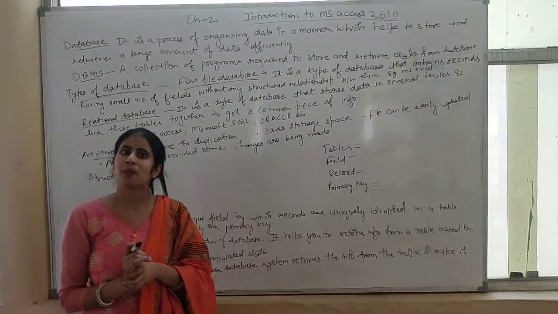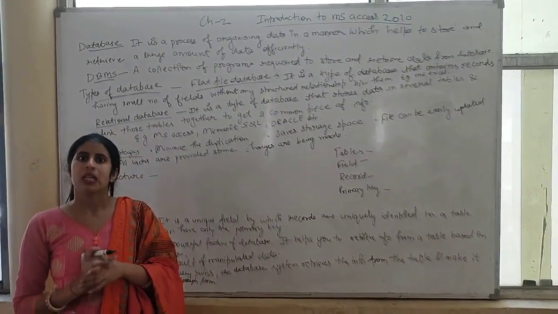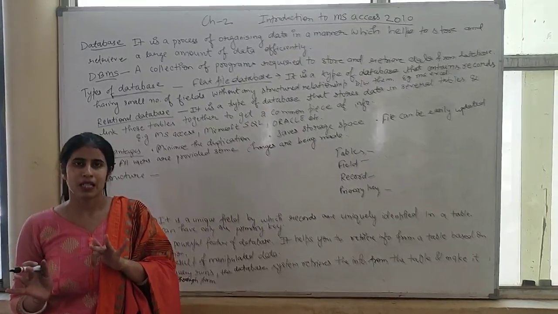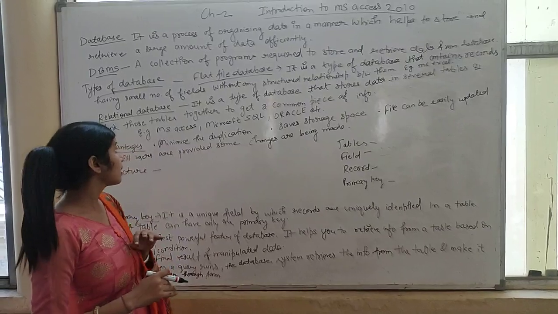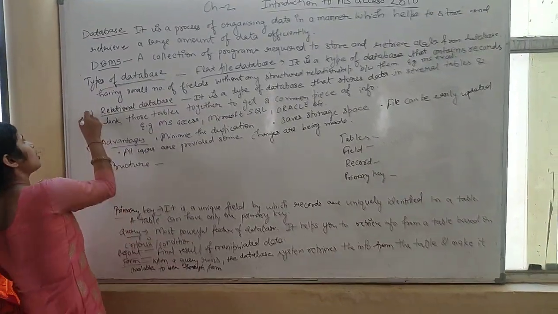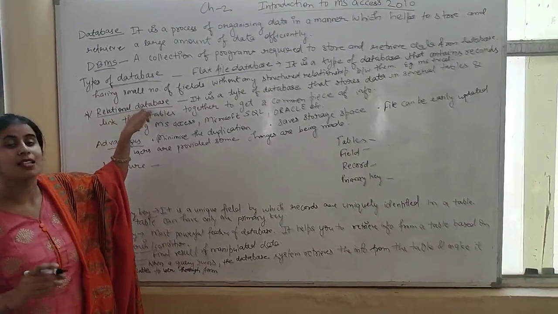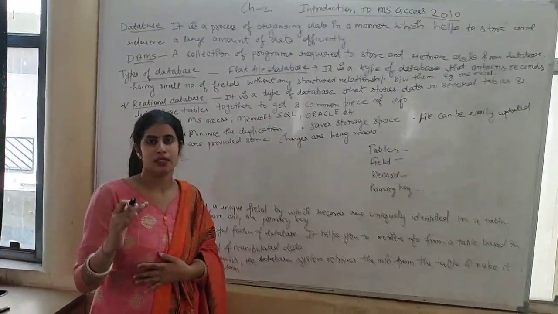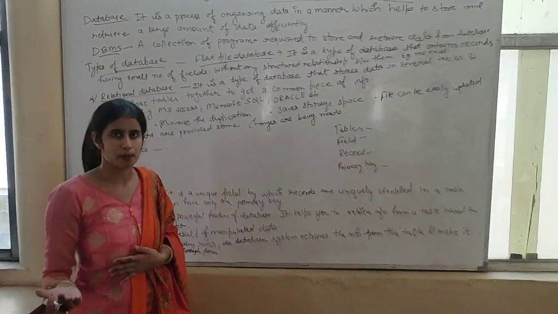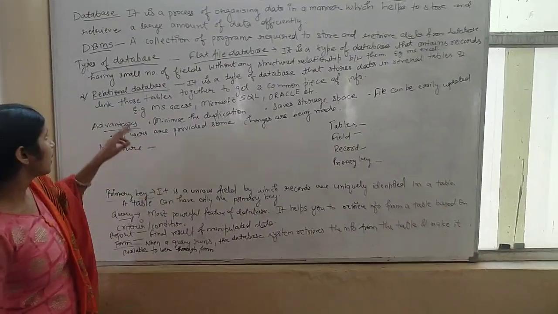In MS Excel we maintain the record, but of a particular class we can maintain. If we want to relate each other, that is different. The next database is relational database. Relational, as its name indicates, relational means it is related. It is having some relationship with other tables. What is it?